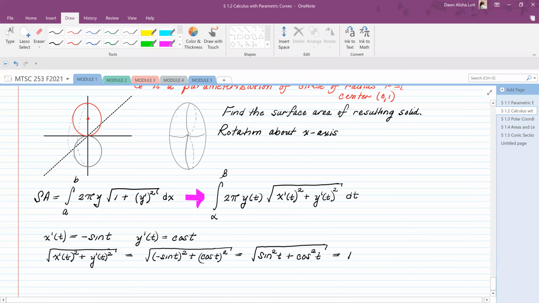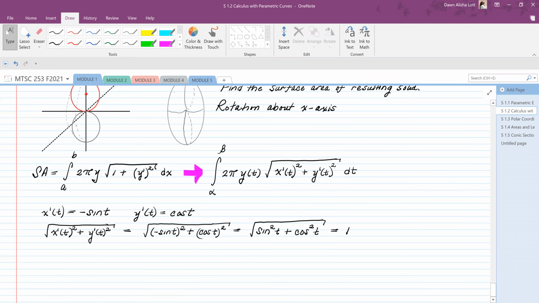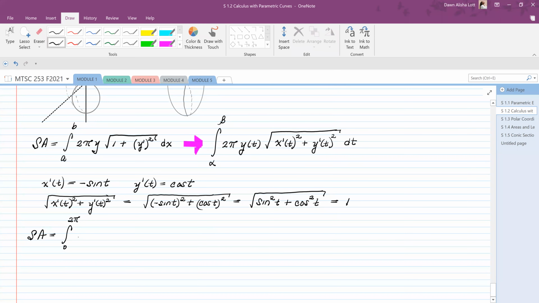But it does change it here, which is how I found my mistake. So I get my surface area is the integral, alpha is 0 and beta is 2 pi. I have 2 pi, y is 1 plus sine t.